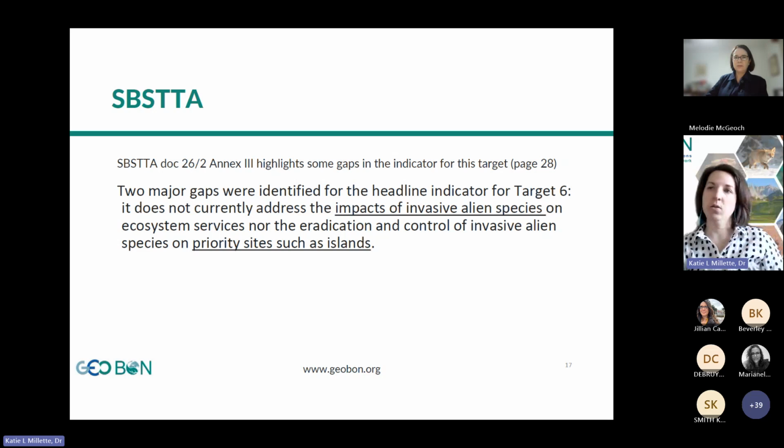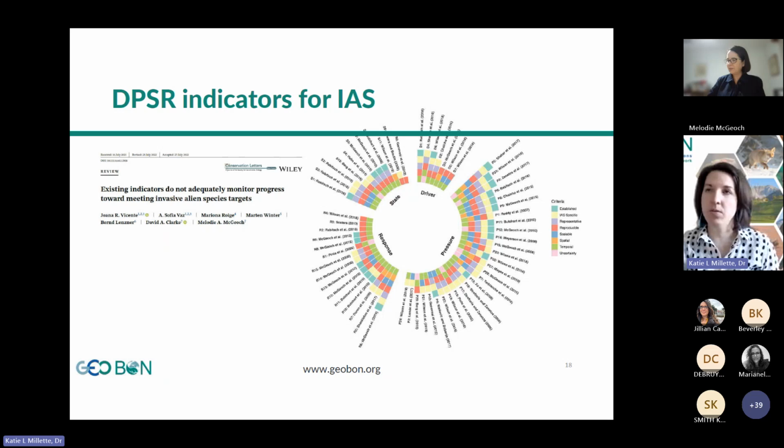And just pulling out that text, two of the major gaps that were identified for the headline indicator on invasive species is that it doesn't currently address the impacts of invasive species. So as Melody was saying, there's lots of ways. There's no one particular indicator that captures it all. So what's missing is the impact of invasive alien species on ecosystem services. And it also doesn't capture the eradication and control of invasive species on priority sites like islands. So maybe, Melody, can you speak to this indicator then?